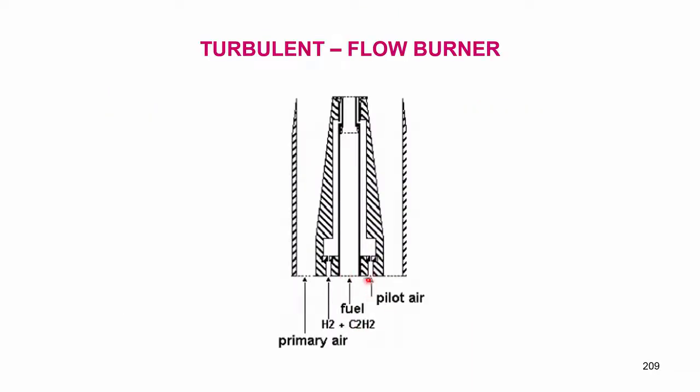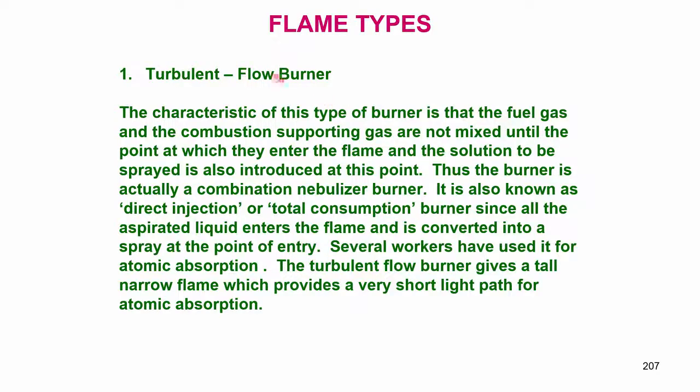The sample also is going to come through one of these orifices and enter the burner somewhere here. That means it will suck the sample through a small tube and then deliver the sample at the tip of the tube where the burner is burning. This is known as direct injection or total consumption burner.